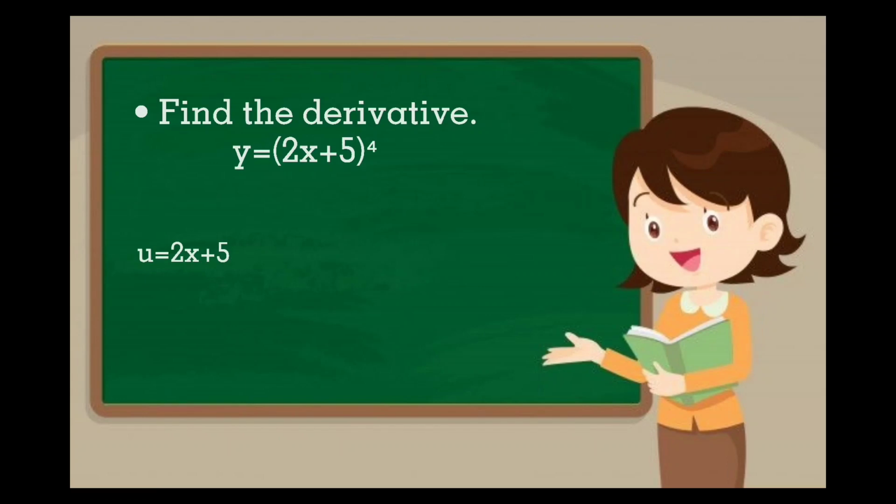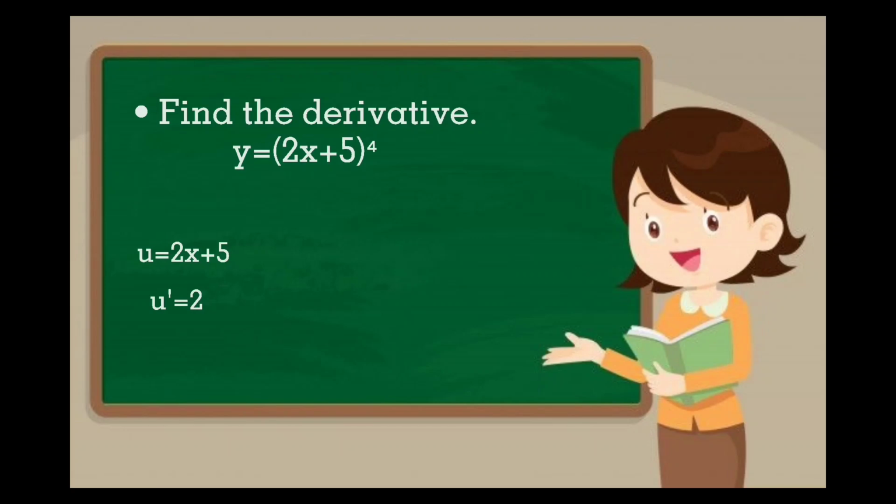To get u prime, the derivative of 2x is 2, and the derivative of 5 is 0, because the derivative of any constant is 0. Therefore, u prime is equal to 2.